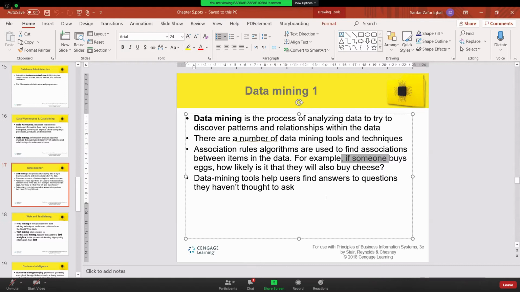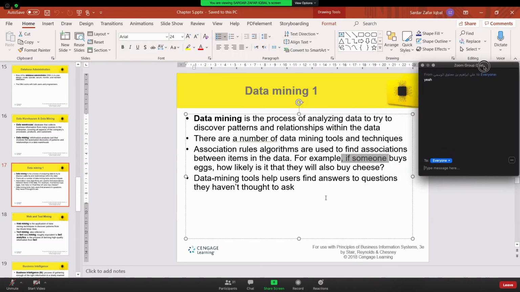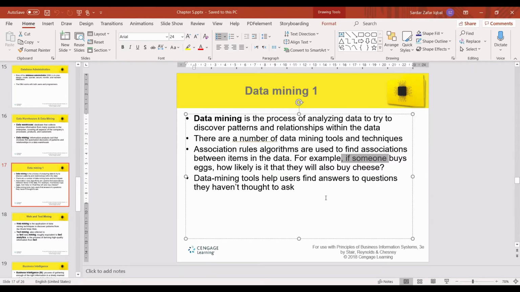You do shopping or talk about a topic, and suddenly you start seeing related ads for the product, and sometimes you are shocked that you just talked about this and you are receiving these kinds of messages, right?